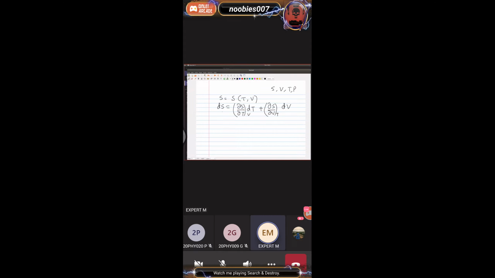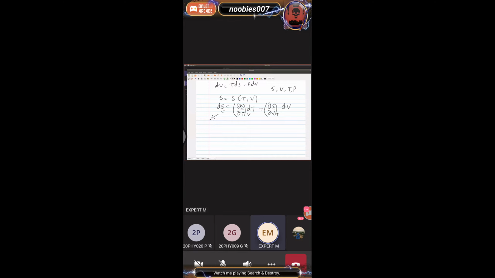Can I consider S as a potential or not? If somebody tells me I can write entropy in this kind of form, the way you have written dU is TdS minus PdV, can I say S is a potential? I cannot, because it does not satisfy the criteria that I can calculate everything from its derivative.